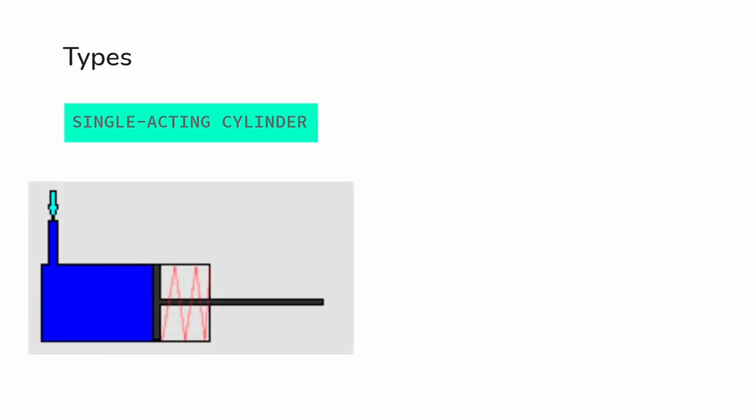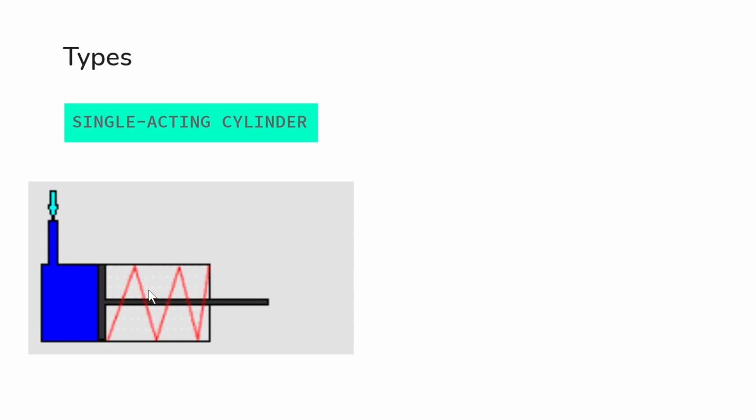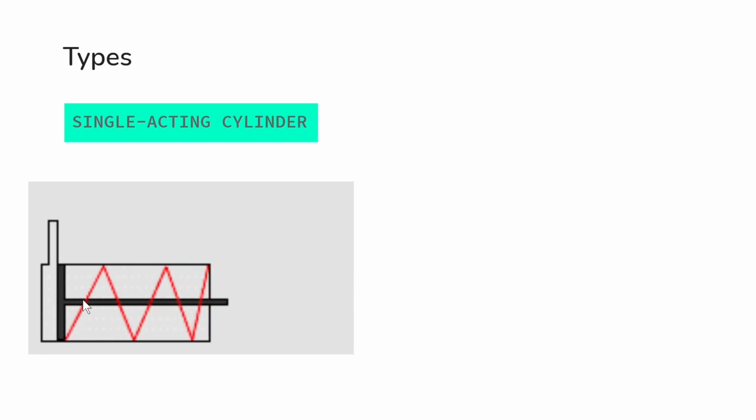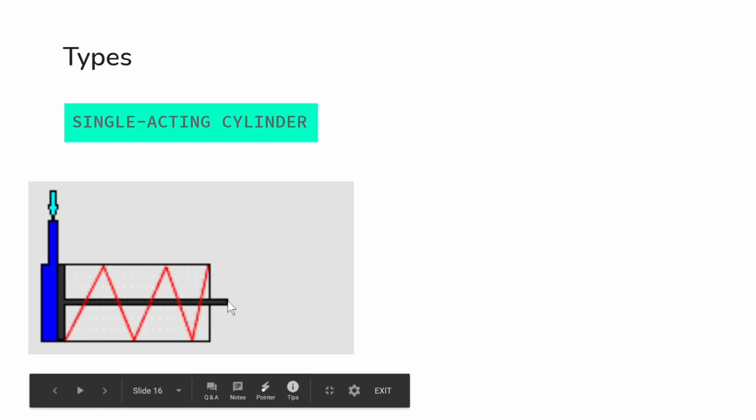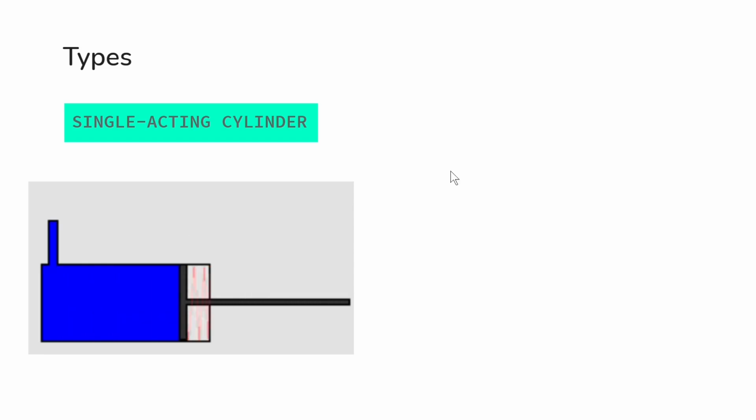Now let's see the first one, which is the single acting cylinder. A single acting cylinder just has a piston. This one is the piston, and this is the rod, and we have a spring, and we have an inlet port. When we pass compressed gas through it, the piston gets extended, and through the spring force it comes back.